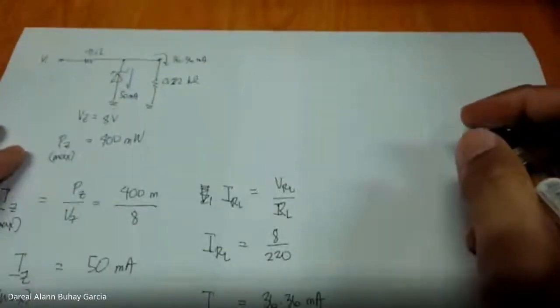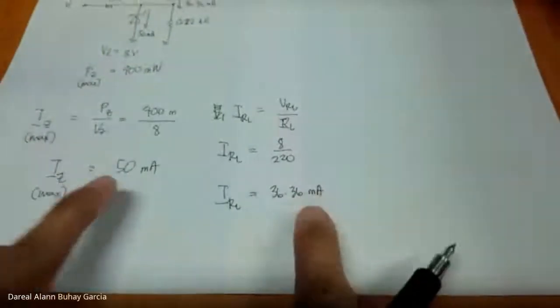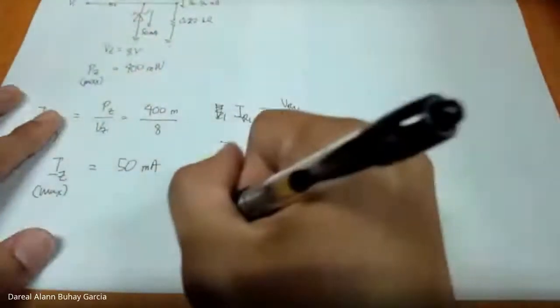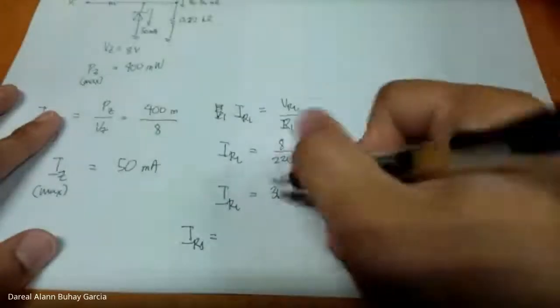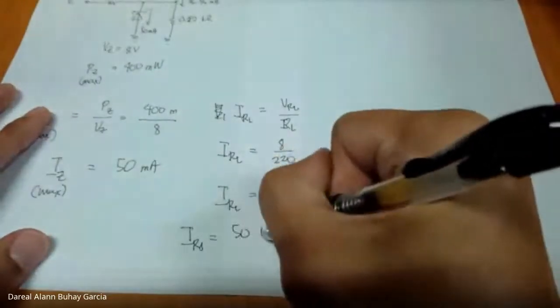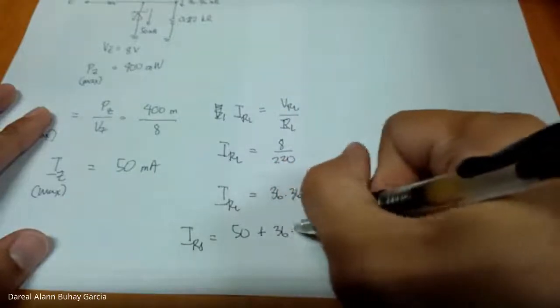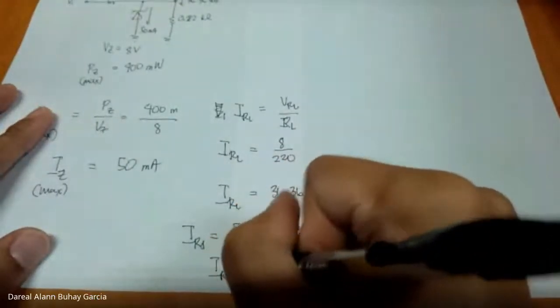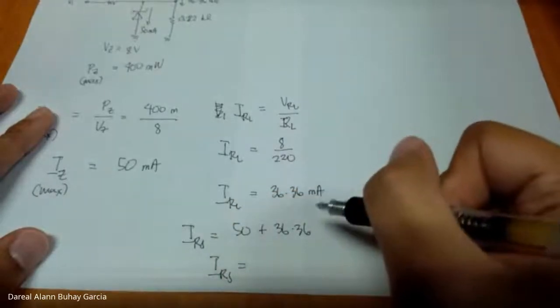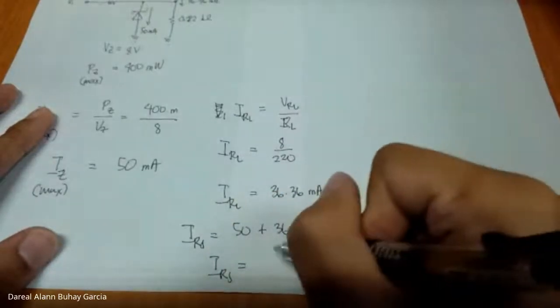Meaning IRS is the sum of the two, which is 86.36 milliamperes.